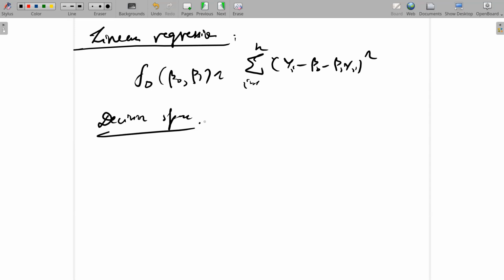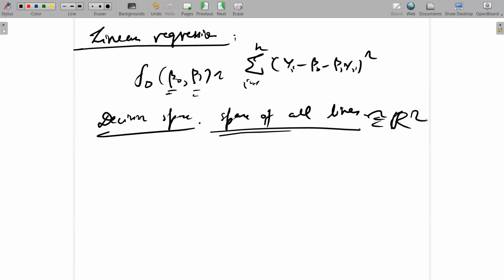So the decision space, you can think of as the space of all lines. So the alternative formulation, the difference is subtle. It will be clearer when we go to higher dimensions. Here it's because I'm parameterizing every line by this slope and intercept. So it almost looks like, okay, this is isomorphic to R2 in the appropriate sense. So then why make the fuss?